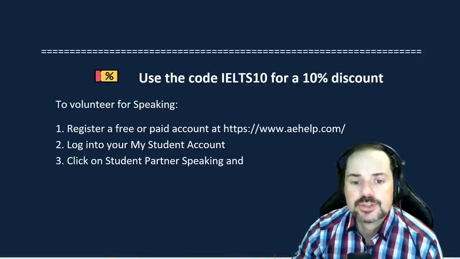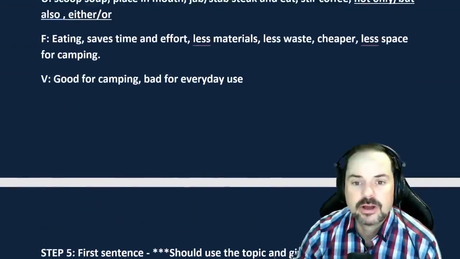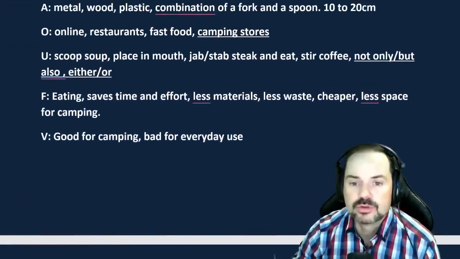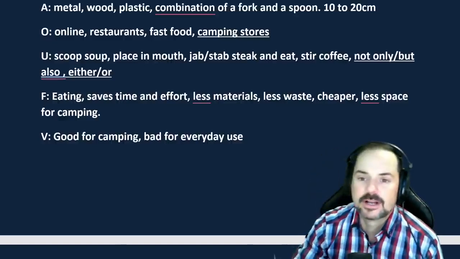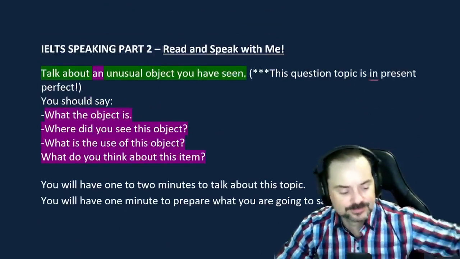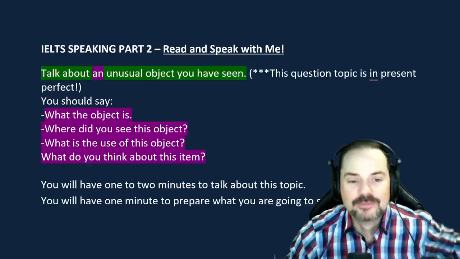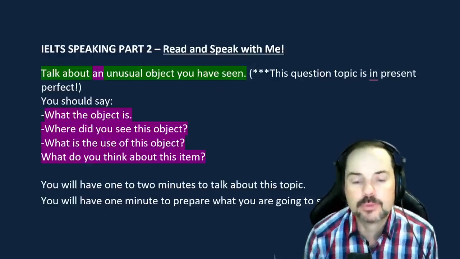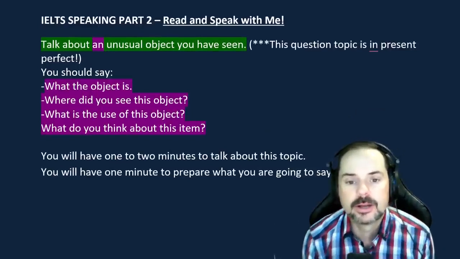So Zarina, let's do it. So let's do this cue card now. Again, up to you. You can talk about the spork, or you can talk about a different item if you'd like. The choice is yours. Okay. I'd like to challenge myself. Ooh, okay. Sounds good. All right. So I will start you off. I will keep the cue card on the screen so you can look at the questions as you need to.